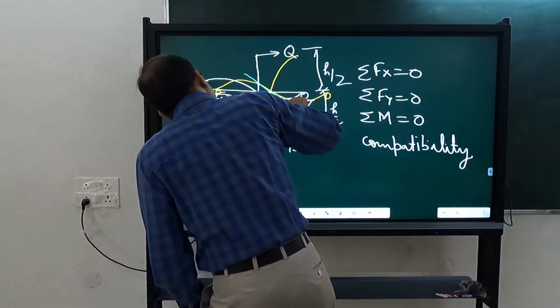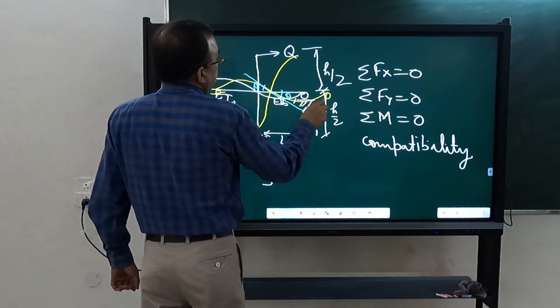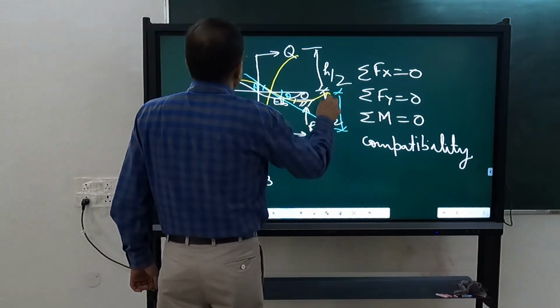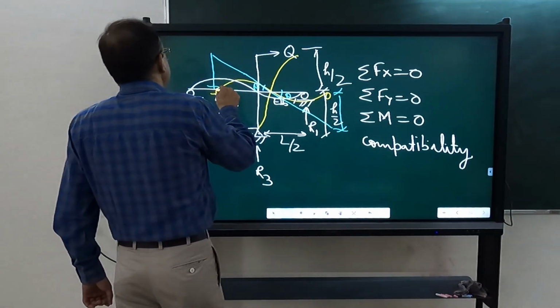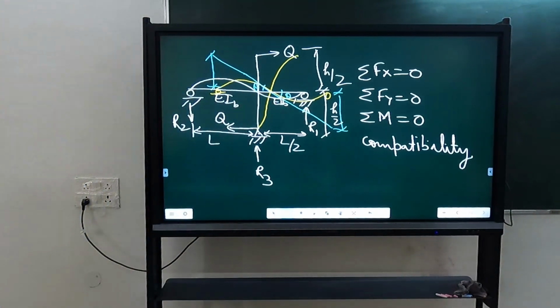That means this angle will be the same. If it is theta here, theta here. Now you calculate this displacement, this displacement. Both stiffnesses are the same, lengths are different. So you will get a relationship between R1 and R2. Let's see what relationship. If the column is rigid, in that case, it is different. Why? Because you draw the deformation.